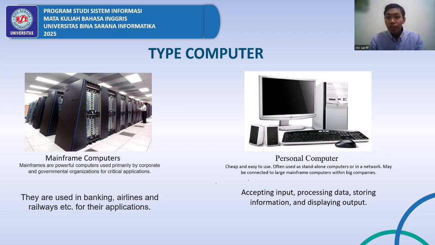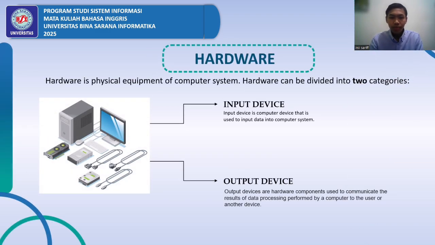The function of personal computers is accepting input, processing data, storing information, and displaying output. So, the types of computers: the first is mainframe computers, which have large capacity, and then personal computers, which have mid to large capacity.